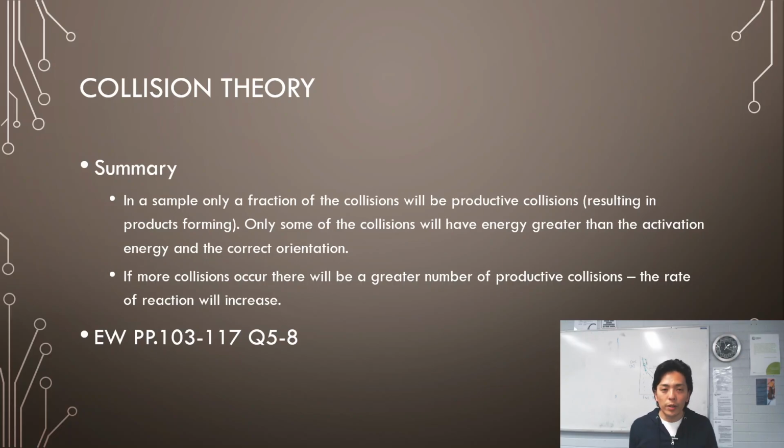So that combination, having enough energy to go over the activation energy hump and also the correct orientation, are the key things for a successful collision to occur. If more collisions occur, there will be a greater number of productive collisions, and the rate of reaction will then also increase.